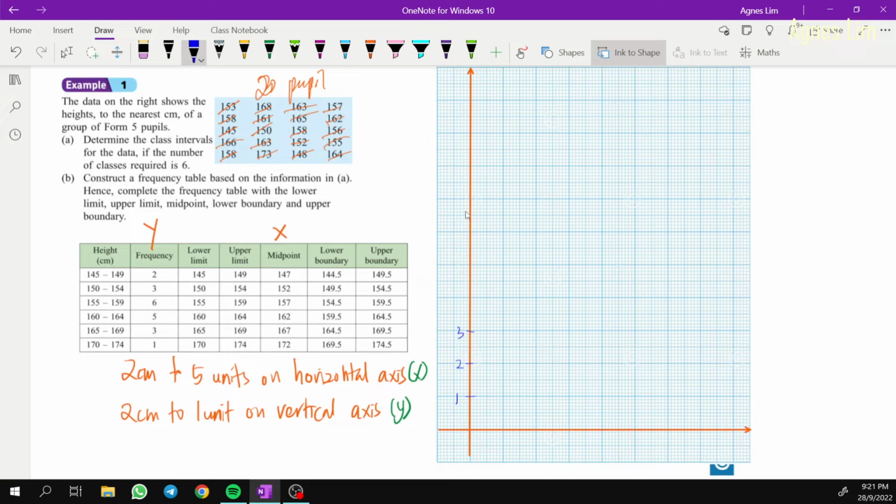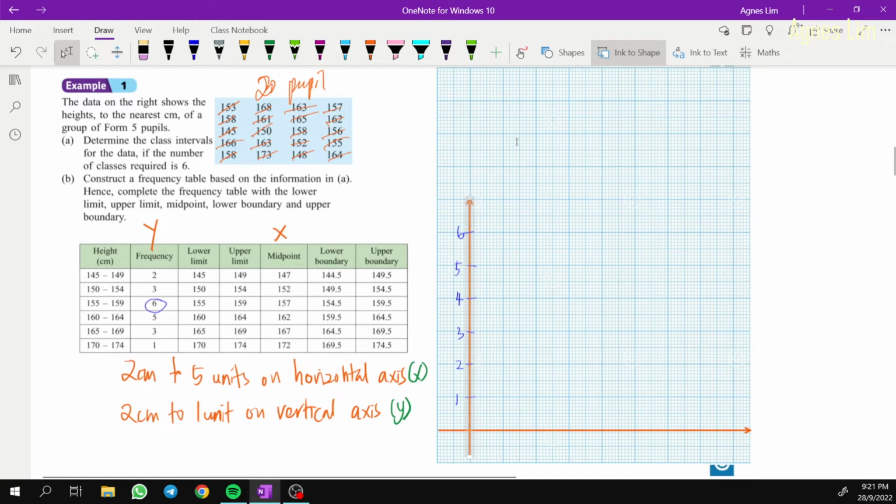Okay, so if you look at your frequency, the highest frequency is 6. So we are going to label until 6, which is already enough, because after that it's not going to be used. 1, 2, 3, 4, 5, 6. Okay, if you want, you can make it shorter.